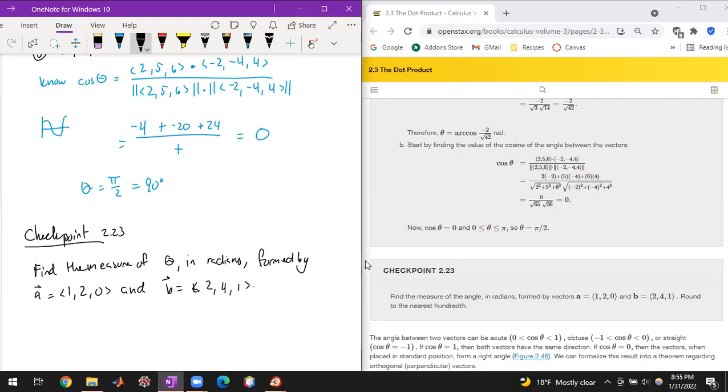And round to the nearest hundredth. So this time we're told explicitly to actually round. All right. So go ahead, pause here, and give it a shot.